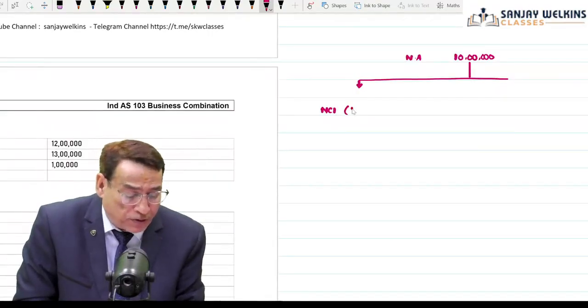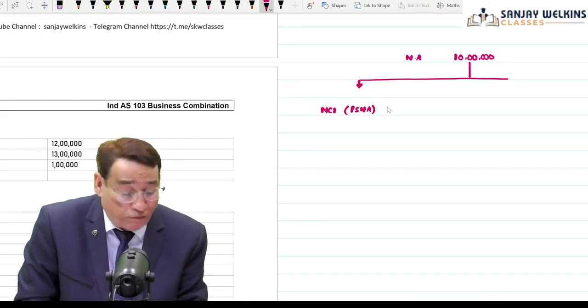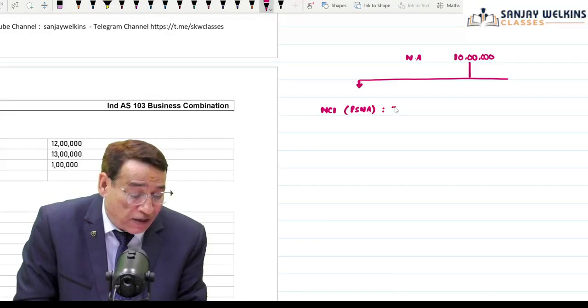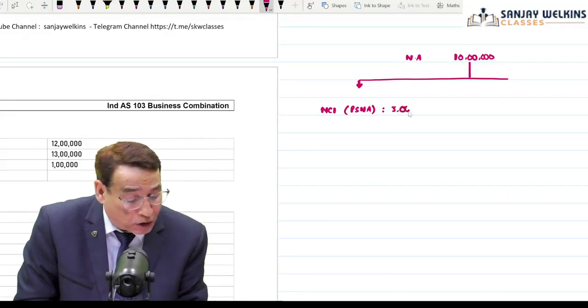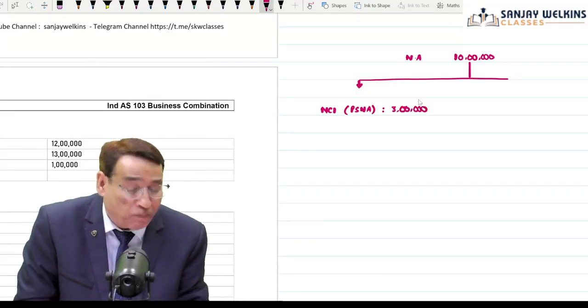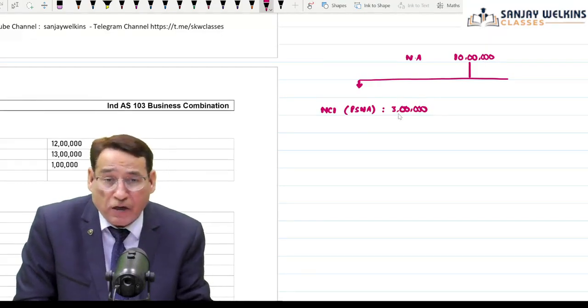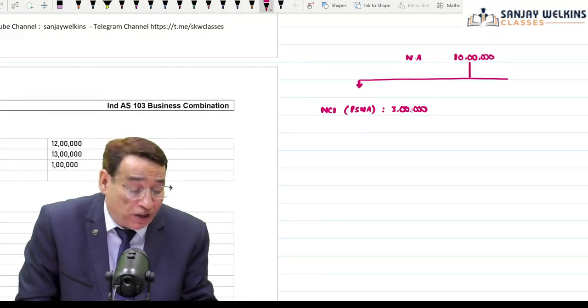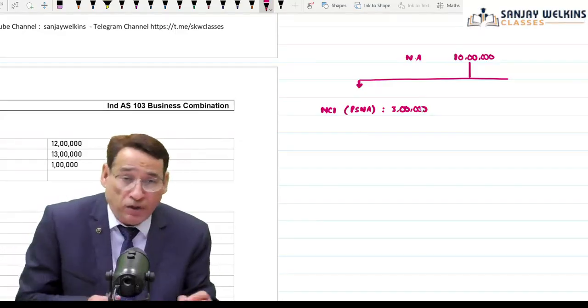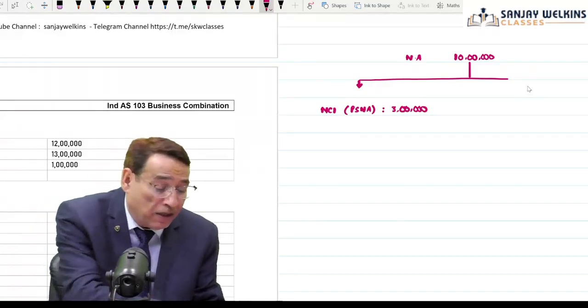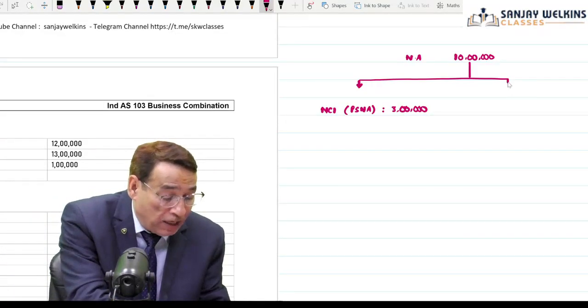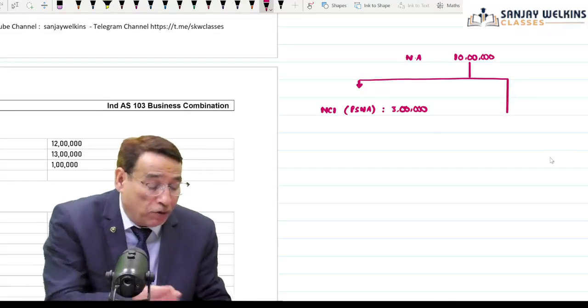Now, suppose I adopt PSNA basis. Then we can see that the share of NCI will be equal to 3 lakh because the proportion of NCI is 30%. So 30% of 10 lakh will be equal to 3 lakh. So out of 10 lakh, 3 lakh worth of net assets on the date of acquisition belong to NCI. And as I told you, the balance will belong to the acquirer entity.